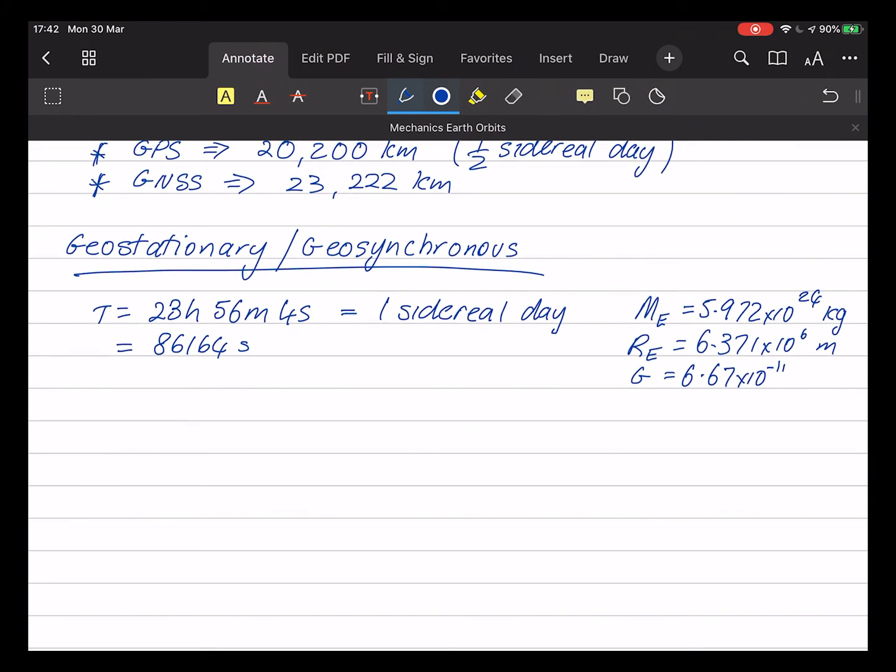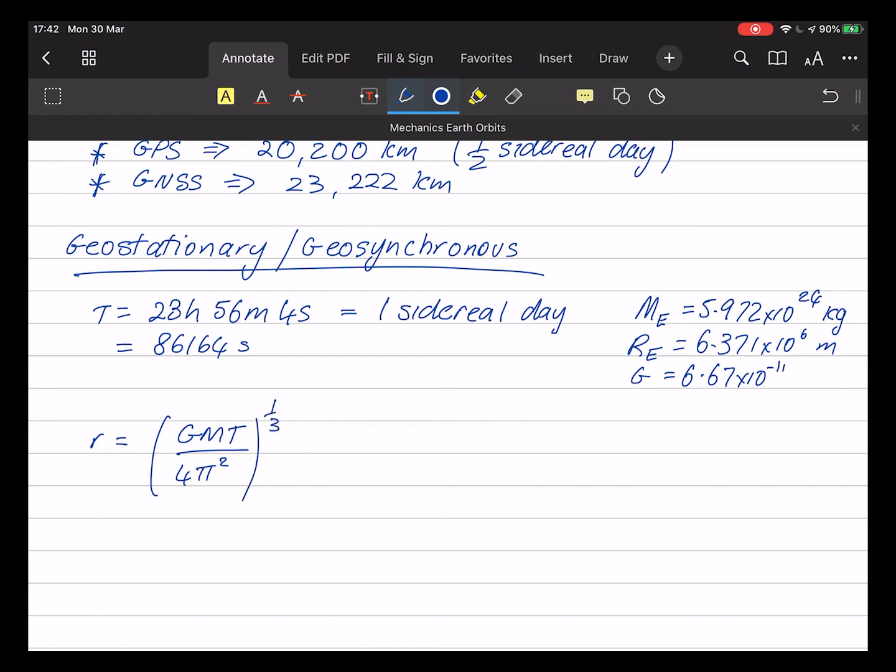So if I took what we call Kepler's law, I need the cube root.